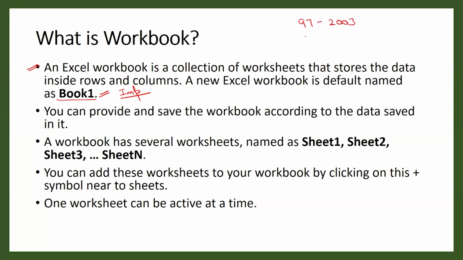But if you are using a newer version like 2007 and onwards, then most probably you will get 1 sheet only. You can save the workbook according to the data saved in it, with your own name, or whatever file name, or wherever you want to save it.